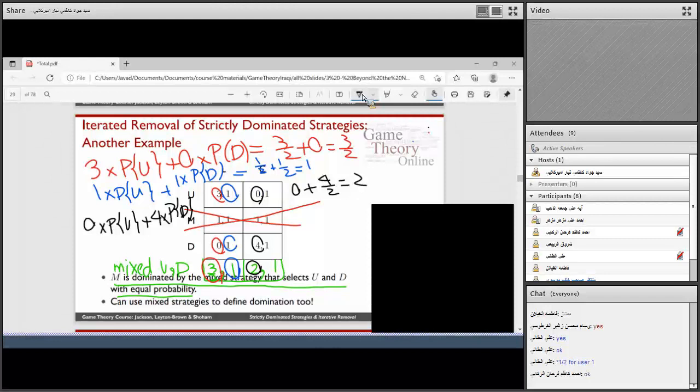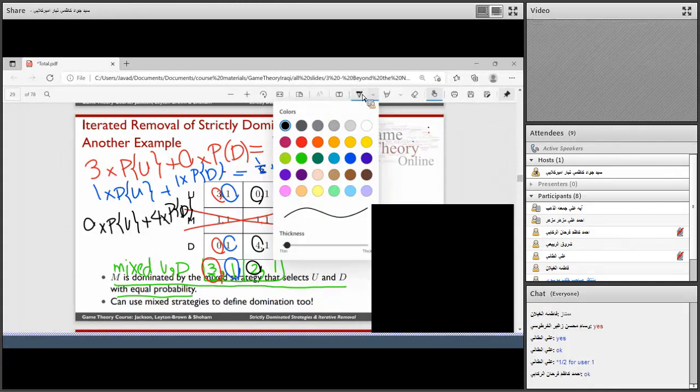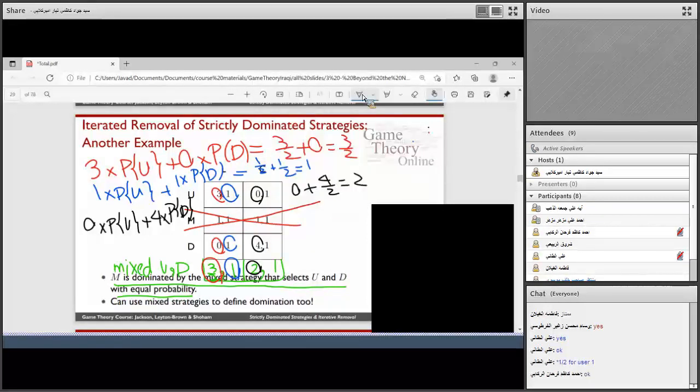That explains this 2. Next, we have this one and this one, which is 1 times P of U plus 1 times P of D, which is 1 half plus 1 half, which is 1, and that explains this 1.